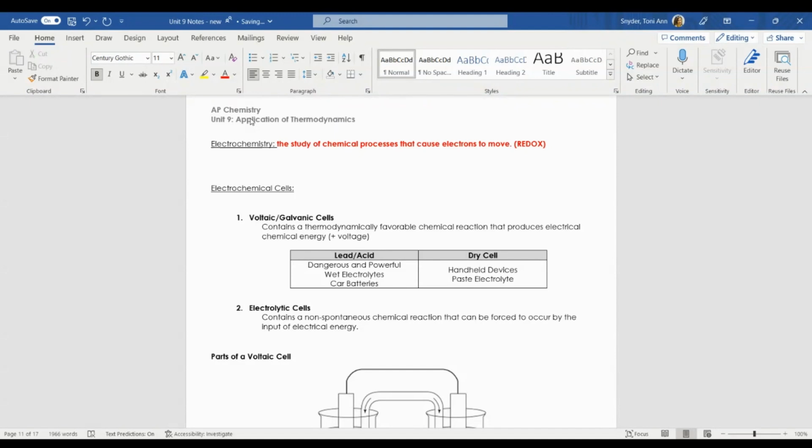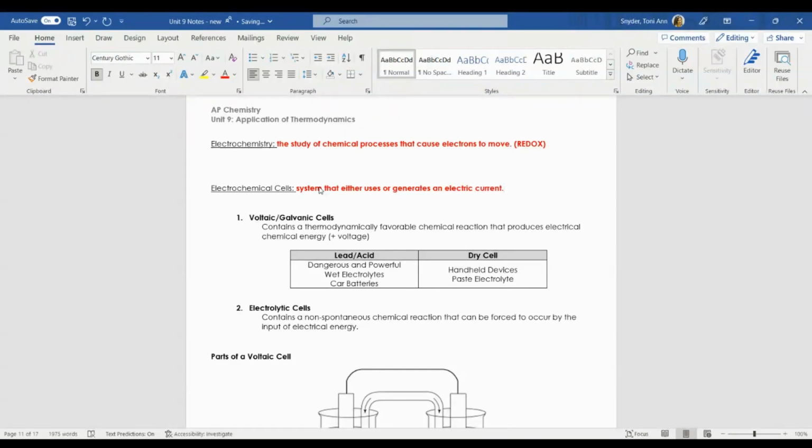And what we can use to study this process is electrochemical cells. So an electrochemical cell is a system that either uses or generates an electric current.